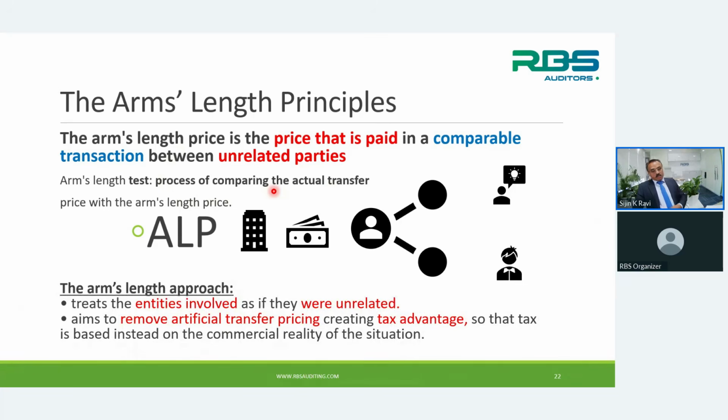The arm's length approach first treats the entities involved as if they were unrelated, and then removes the artificial transfer pricing, whatever price you have topped up into that price. Then you have to find out the actual price: if you sold the same item to an unrelated party, what would the price be? So that you have to arrive at.